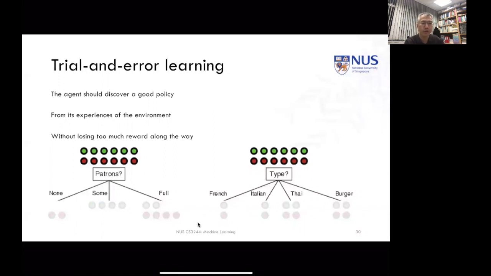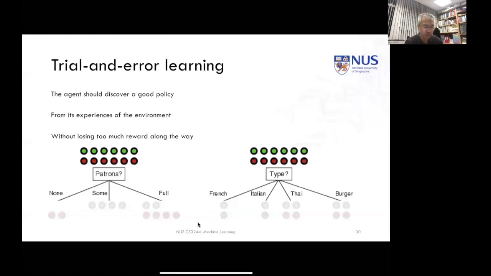So it tries to discover a good policy by trial and error, by playing in the environment and experiencing what types of observations and reward it gets for doing certain actions, right? But we want to do this in such a way that it doesn't lose too much reward on the way.